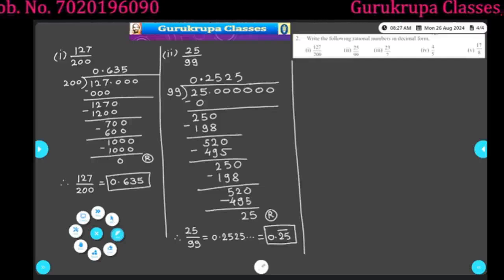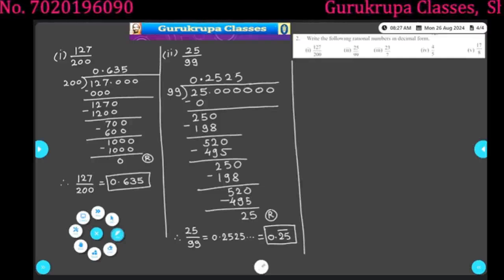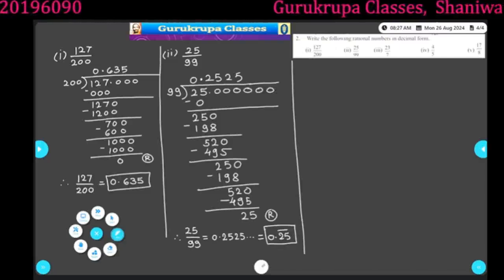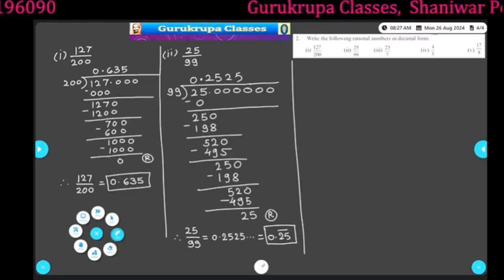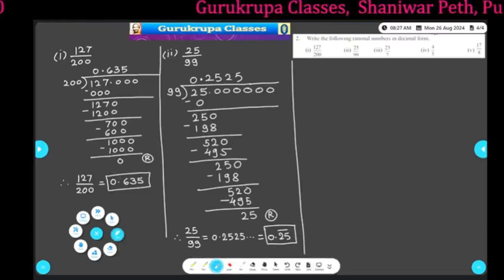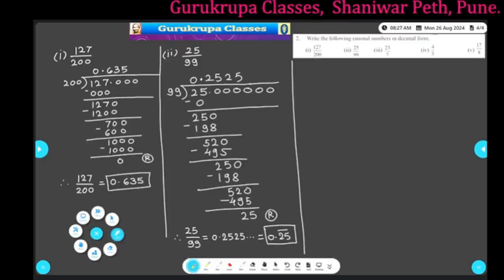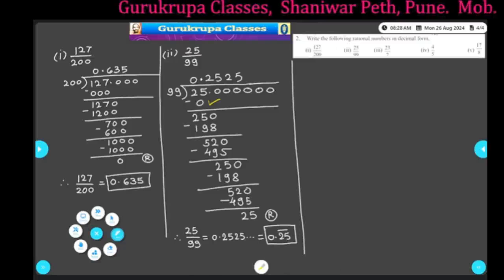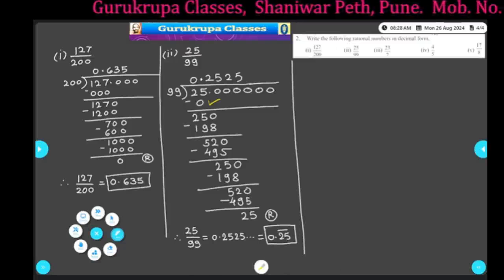So 99 is the divisor and 25 is the dividend. We take a group of zeros after the point, 25.0000. 99 zeros are 0, so first quotient is 0. Point is given in the quotient section.